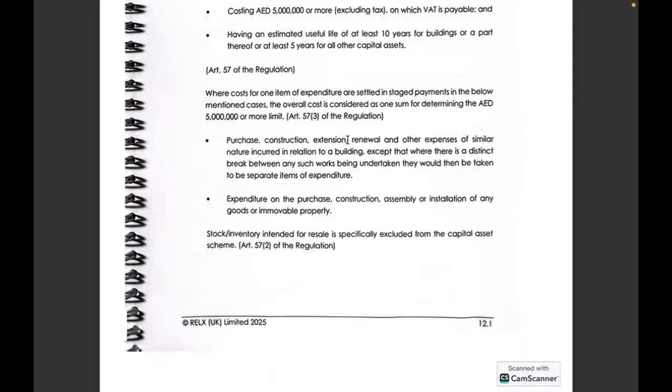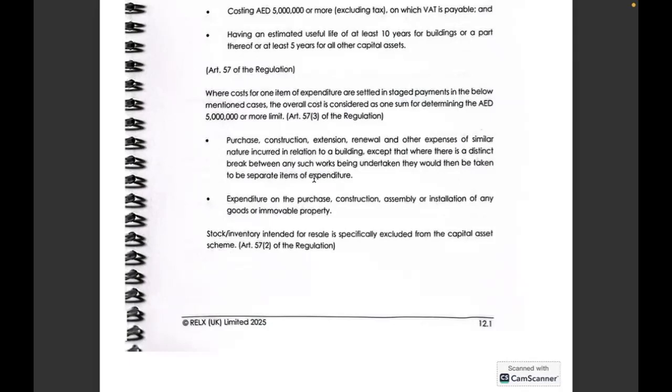Purchase, construction, extension, renewal, and other purposes of similar nature incurred in relation to a building, except that where there is a distinct breakdown of any such works being undertaken, they would then be taken to be separate items of expenditure.